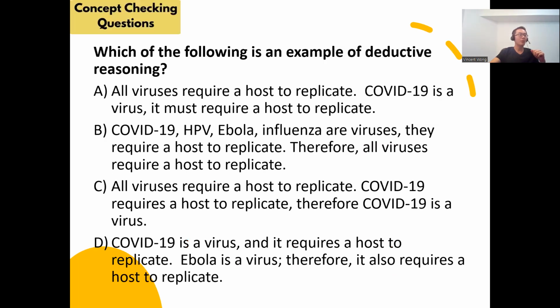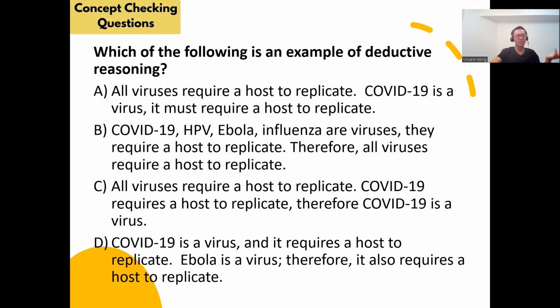This is an example of an application question. I promise you I will put this exact question on the first quiz. So why don't you try it out first, and then I will launch the poll. Actually, you know what?